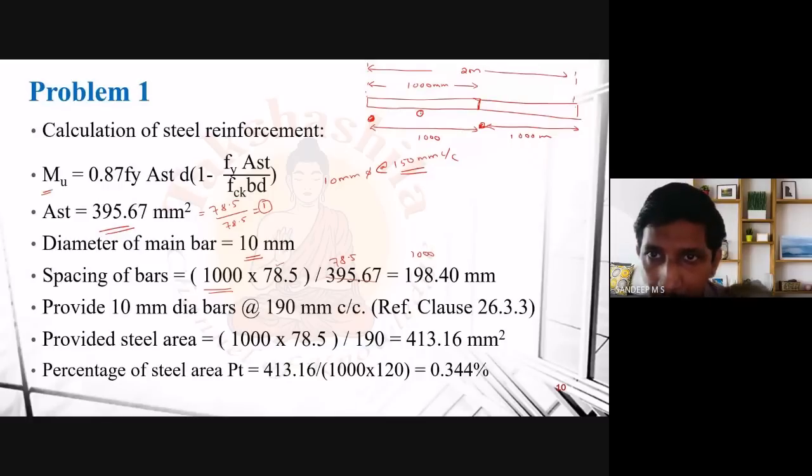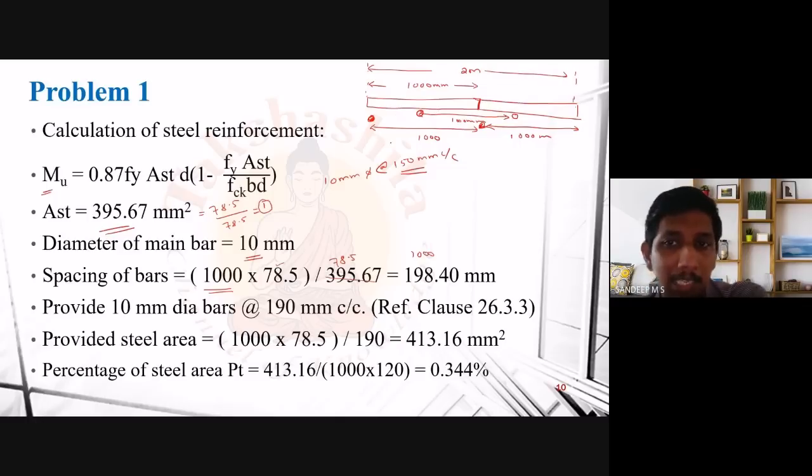So after providing this bar, when I consider the total slab, after this reinforcement I will take a 1000 millimeter length. Then I will provide the next bar, because my slab is actually having a larger dimension. We have just carried out our design based on 1 meter length, and we obtained a spacing of 1000 millimeters.